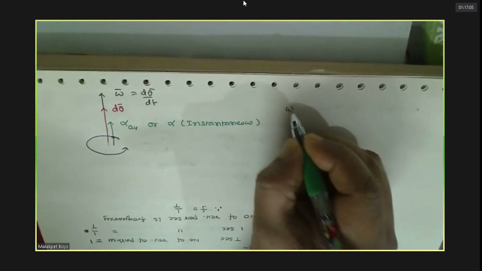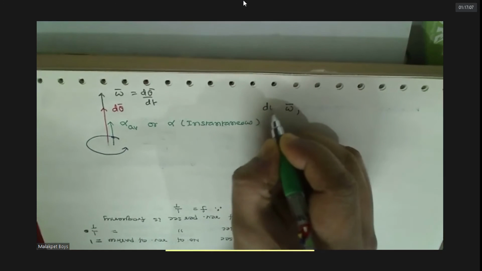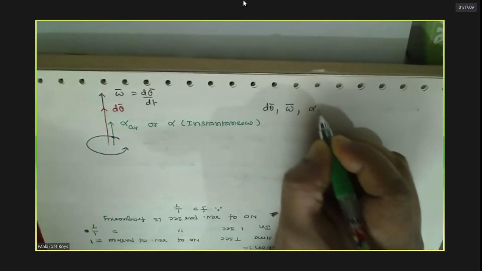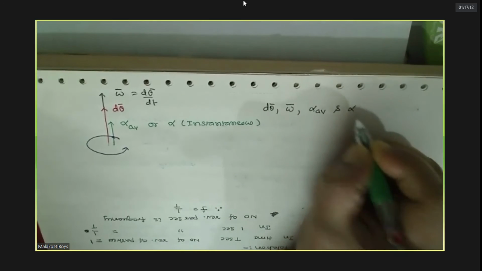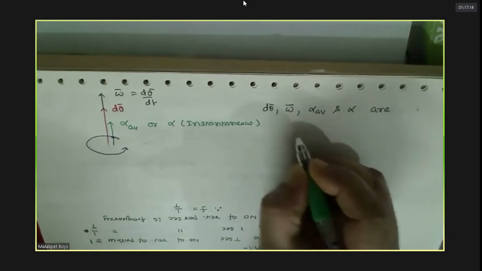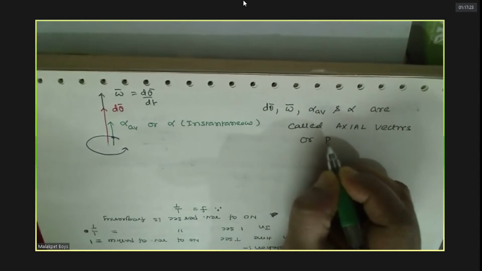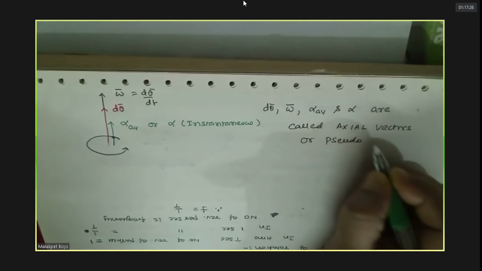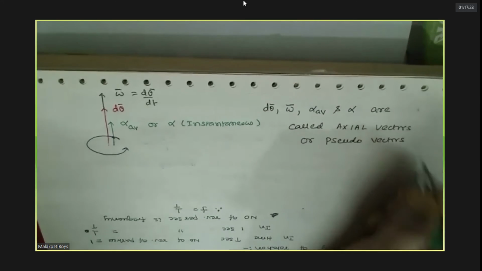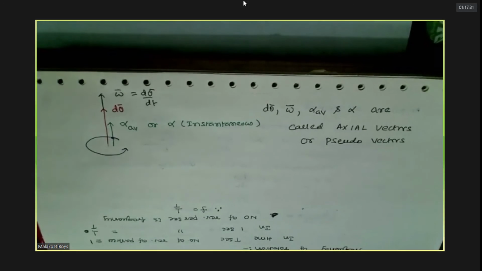So we call omega, d theta, alpha average and alpha axial vectors because they are along the axis. Another name is pseudo. That means we have assigned the direction. Pseudo means we are assigning that. For example, when you are going on road, for vehicles, keep left is a rule.